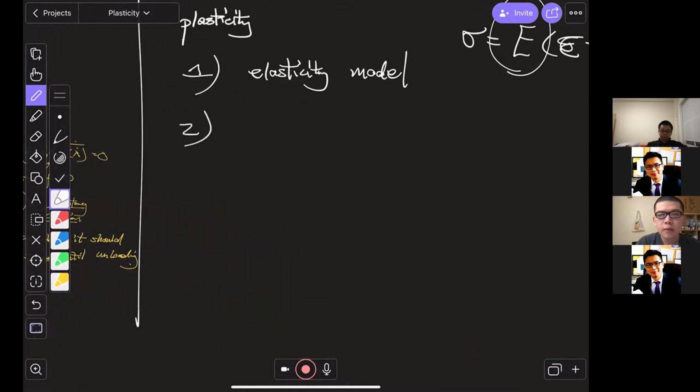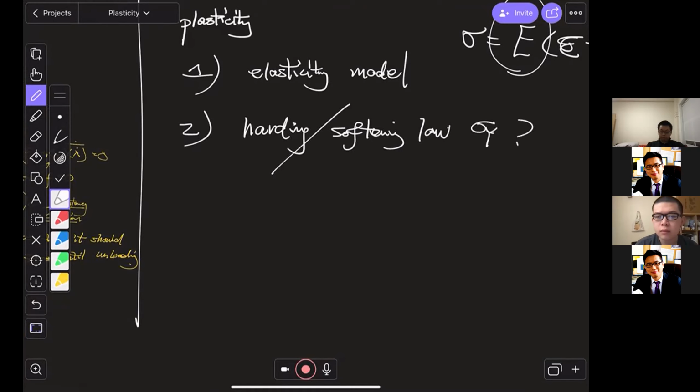The second thing is that you need a hardening and softening law, which tells you how the epsilon y goes. The first one gives you the relationship between stress and the elastic strain.